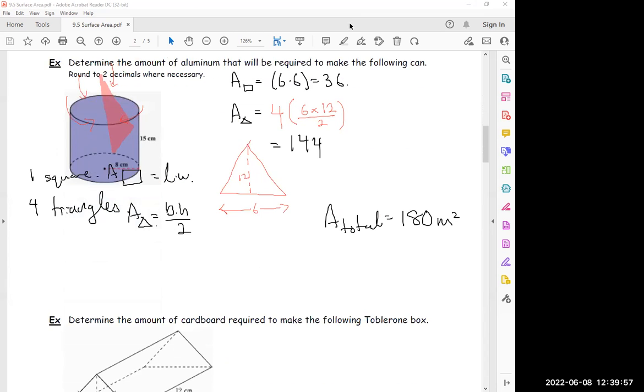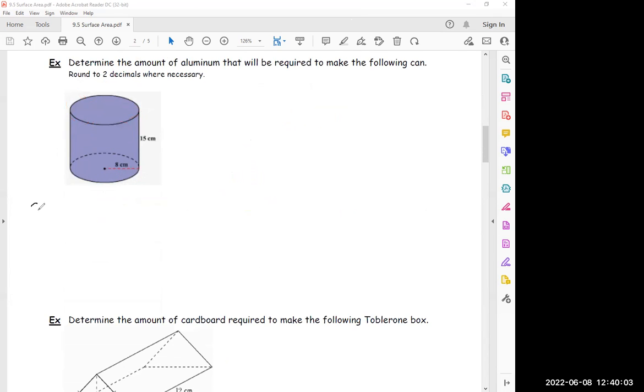Well, this is a good one. Anyone ever wondered why the surface area of a cylinder was 2 pi r squared and 2 pi r height? It's worth thinking about because again, there's a logic behind it.